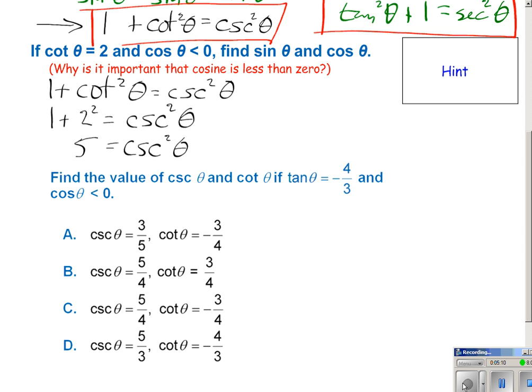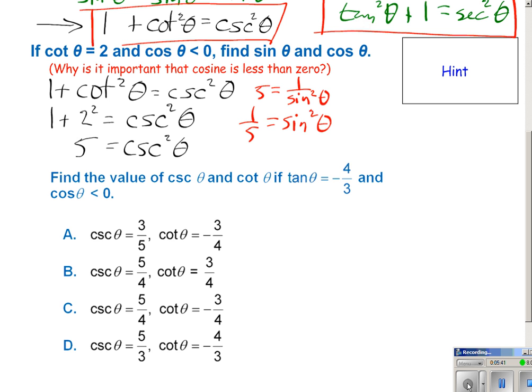Well, if cosecant squared is 5, then we can use that to find the value for the sine of theta. That means that 5 is equal to 1 over sine squared of theta, or sine squared of theta is 1/5.